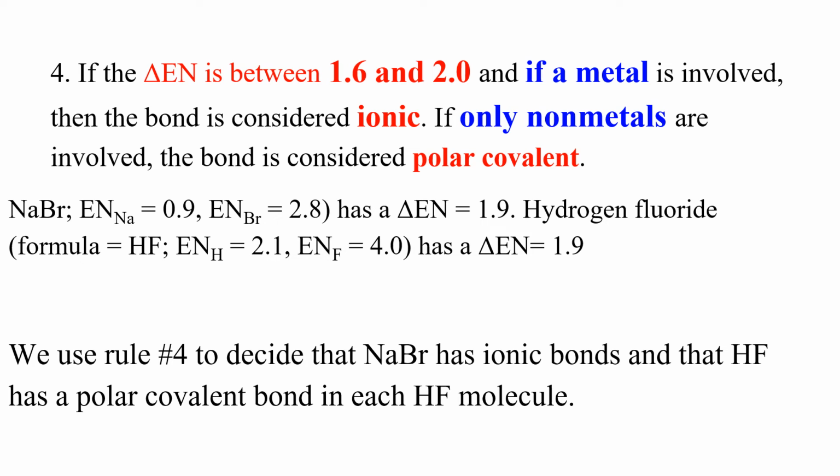Therefore, we say it is polar covalent. So we use rule number 4 to decide that NaBr, because the electronegativity difference is less than 2.0, is an ionic bond because Na is a metal. And HF is a polar covalent bond.